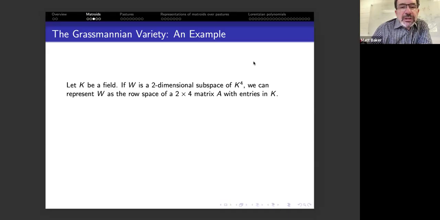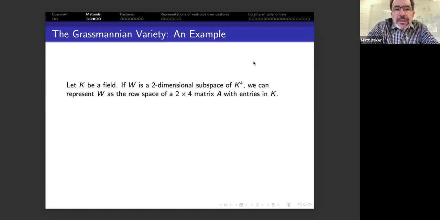So suppose K is a field. Let's say we have a two-dimensional subspace W of a four-dimensional vector space. And it's sort of important for the combinatorial parts that we coordinatize the ambient space. So I really want to think of it as K to the 4, not an abstract four-dimensional vector space.